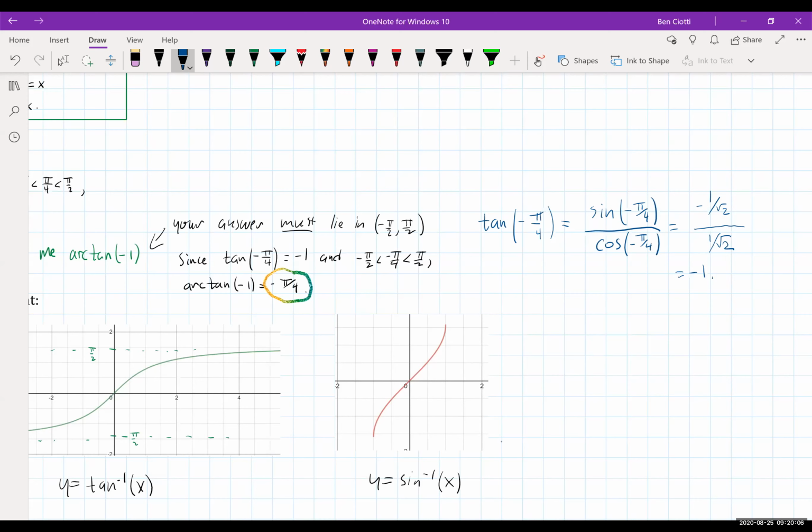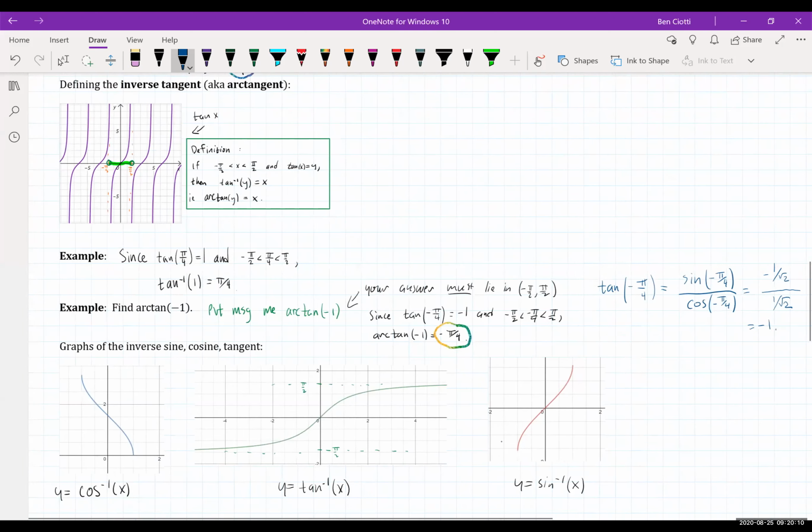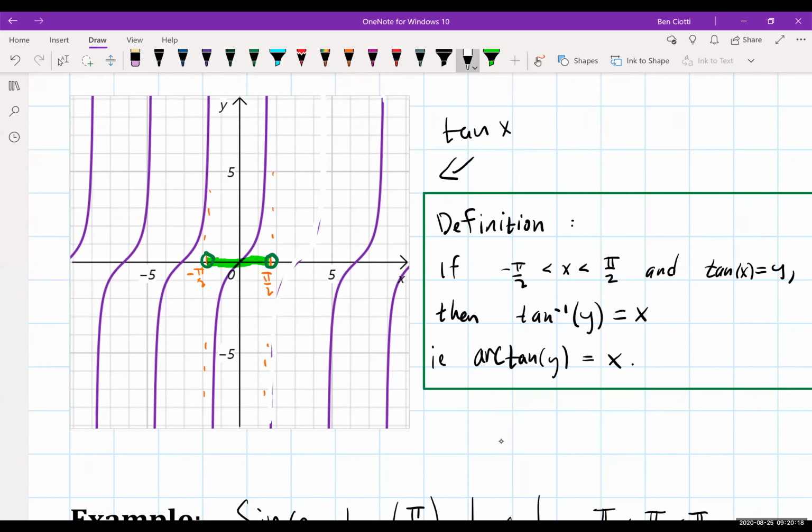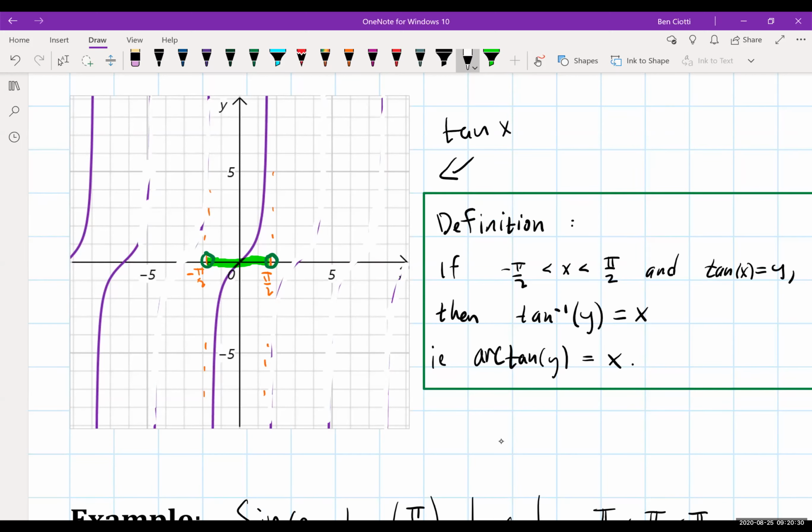Right, that's because we had to restrict the domain. Let me go back up to this graph. Once we restrict the domain, you can erase all these other parts for the purposes of determining tan inverse. You can ignore everything except the part that's between negative pi over 2 and pi over 2.